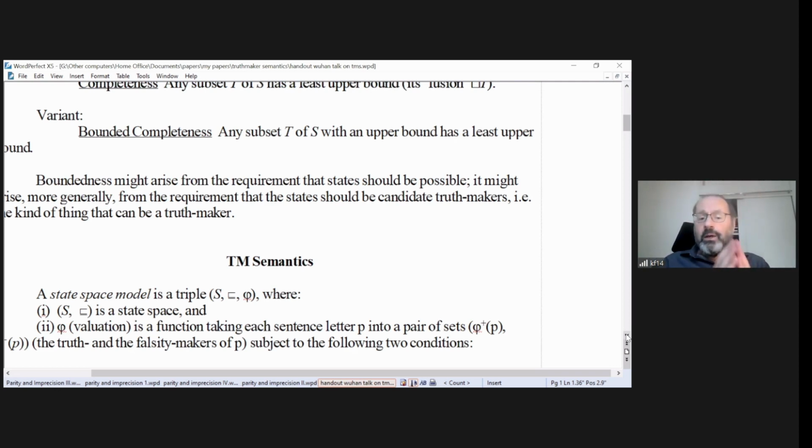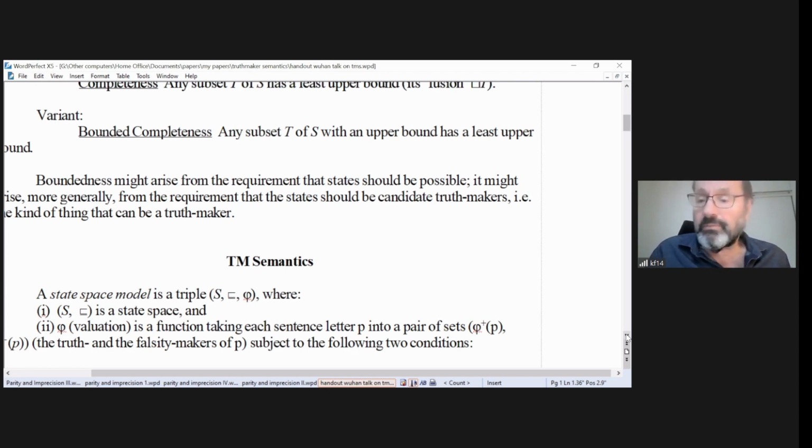Anyway, I'm going to be dealing here with a bilateral version of Truthmaker Semantics, one in which we independently specify when a sentence is made true and when it's made false. So that means that in the initial hookup, when we're connecting the sentence letters, the primitive sentences of our language, with the states, we need to specify both which states make the sentence letter true and also which states make it false.